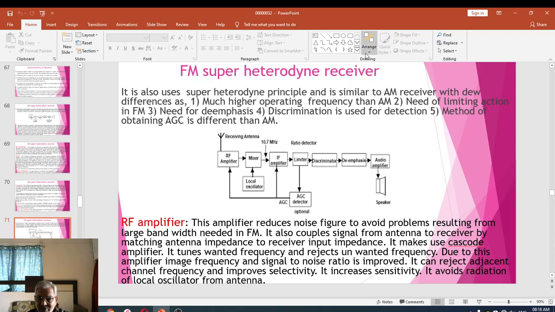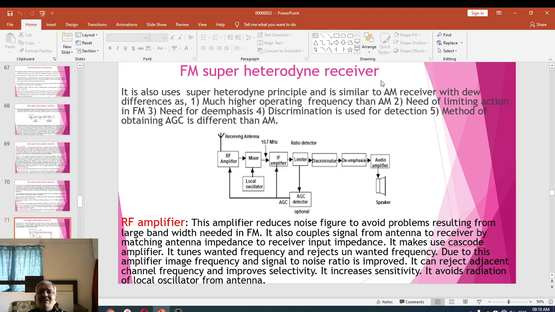Friends, today we are going to study another type of radio receiver, and that is known as FM super heterodyne receiver. It is the same as the AM super heterodyne receiver, only with the difference that it receives the frequency modulated wave from the FM transmitter. It also uses the super heterodyne principle, and it recovers the original information from the FM modulated wave and provides it to the destination.